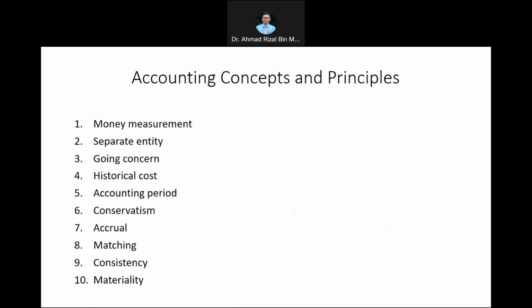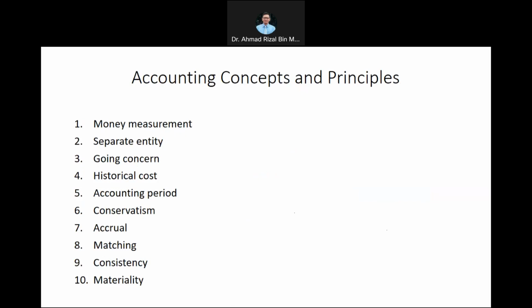Number 7 would be the accrual concept. This is an important concept in accounting, whereby revenue is recognized only at the point of sale, and expense is recognized when it is incurred. So, say you sell on credit.